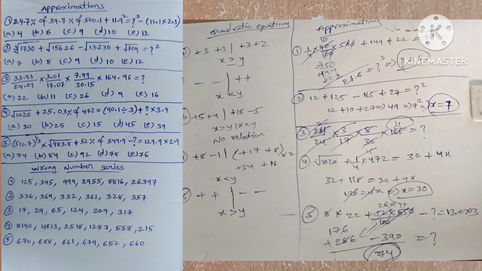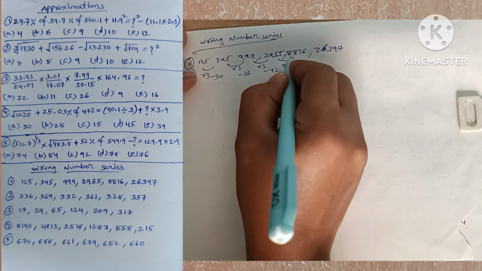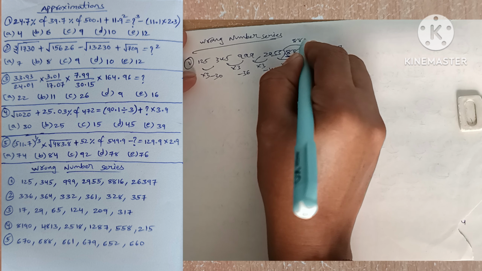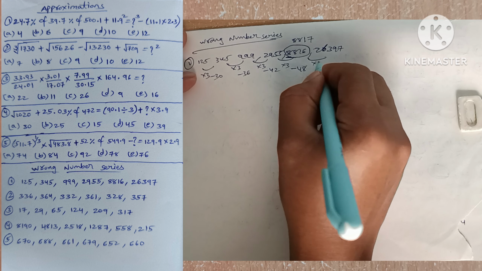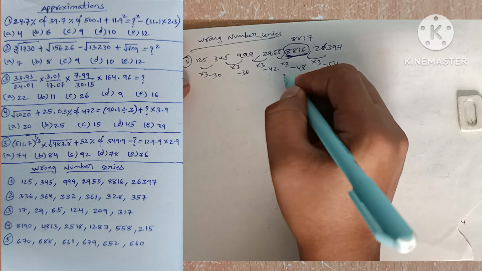Here this is into 3 minus 36. Here into 3 minus 42. This is into 3 minus 48. But we get this is the wrong number. Our right number is 8817. This is into 3 minus 54. So our wrong number is 8816.